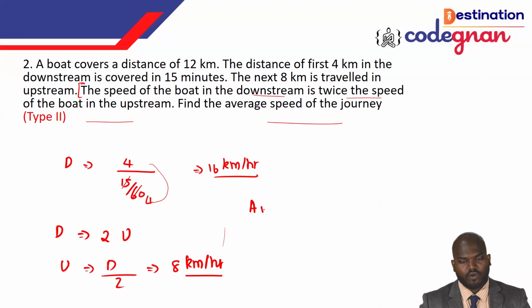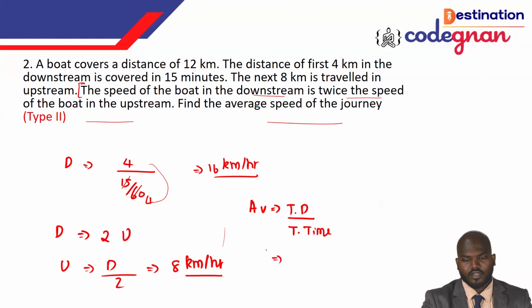The average speed formula, we can call it total distance by total time. Okay, that is the point here. So total distance means what? We can call it 12 kilometers. Total time, you see this one? This is 15 by 60 on one side, and the other time it takes 1 hour probably.